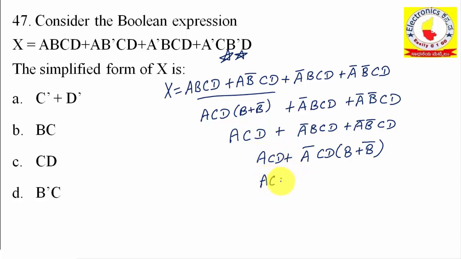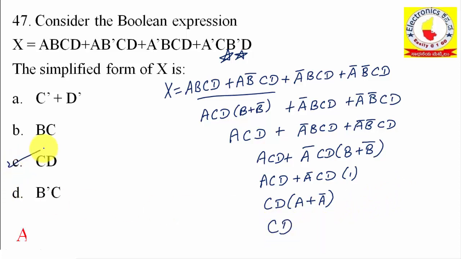This is ACD plus A bar CD into 1. Now again CD I am going to take as common. If I add A and A bar, what do we get? If A equals 0, A bar will be 1. If A is 1, A bar will be 0. So this is CD. Which option comes? Option C is going to follow.